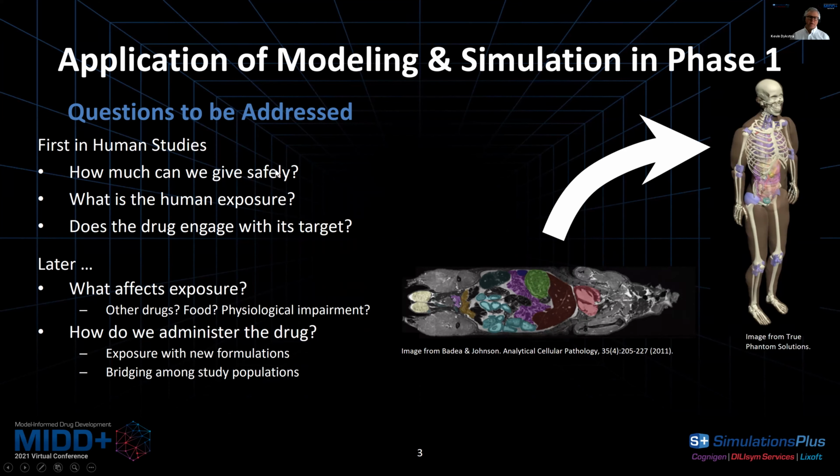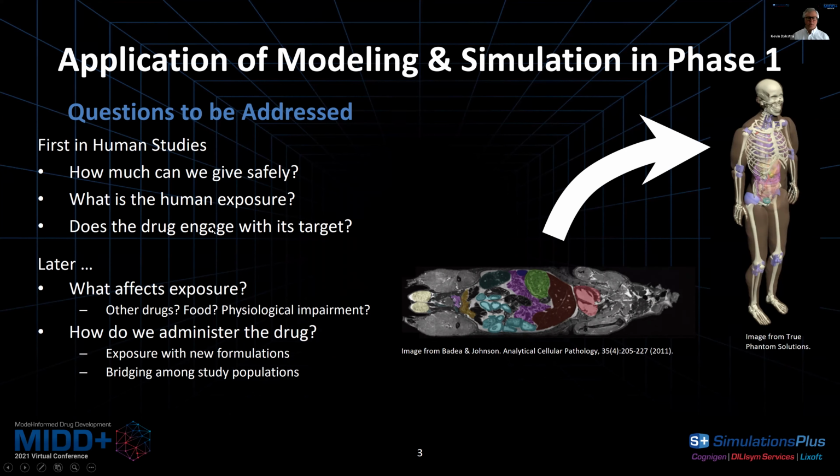The first thing that we always ask in a phase 1 protocol, in a first in human protocol, usually a single ascending dose study, is how much can we give safely? So identifying a maximum tolerated dose is one of the key aspects. And then the next piece is a more scientific question: what's the exposure? What are the pharmacokinetics? How does the drug change over time? And is it linear with dose, for example?